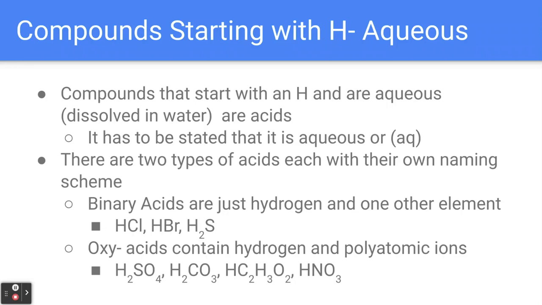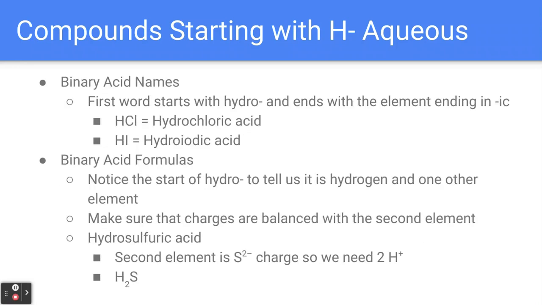So we're going to first start with binary acids. Binary acids are the simpler of the 2. These ones, we're always going to start with hydro, and then we're going to end with the element ending with IC. So it's not IDE anymore, it's going to be an IC. So we've got hydrochloric acid, hydroiodic acid. So that's how we name those ones.